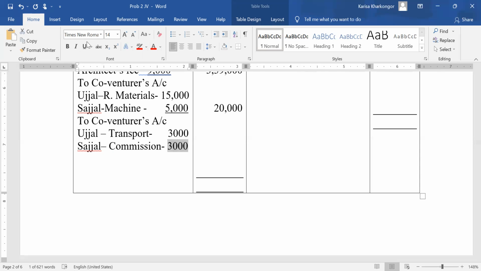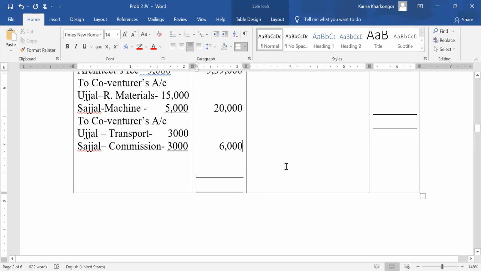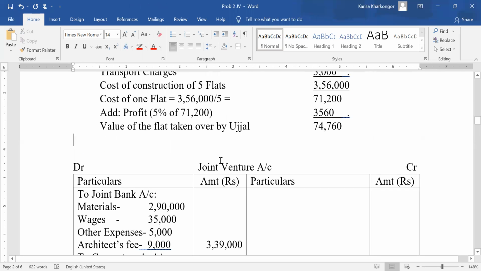Adding both the amounts, which will give us a total of 6,000. So these are the expenditure for constructing the 5 flats.